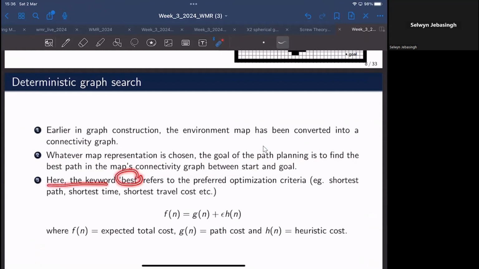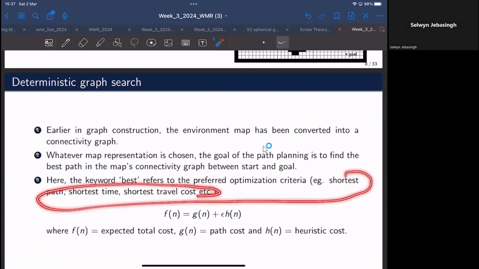And what does this best mean? Because it's a general term, it does not mean a single thing. The best path may depend on your preferred optimization criteria. It could be the path which has the shortest distance. It could mean the path which has the shortest time. It could mean the path that has the shortest travel cost, or it could even be a combination of all of these three things.